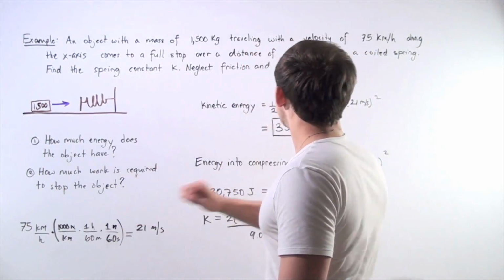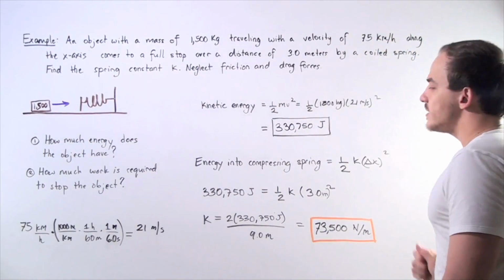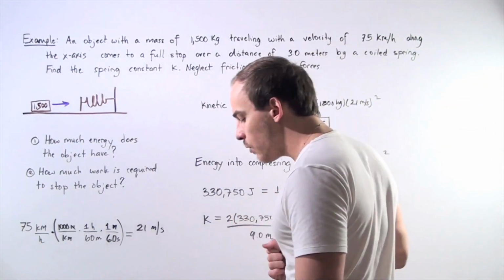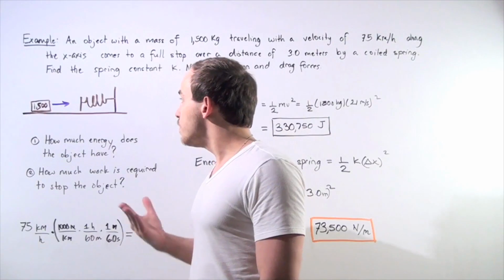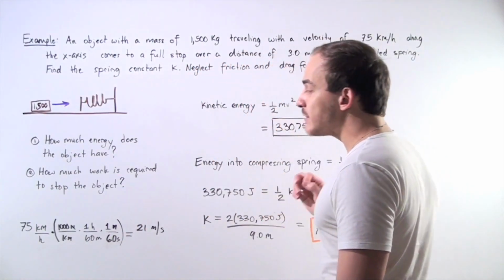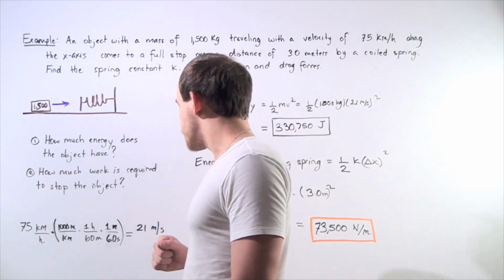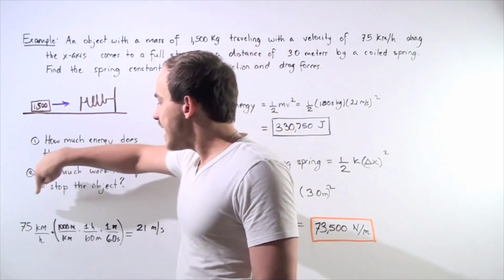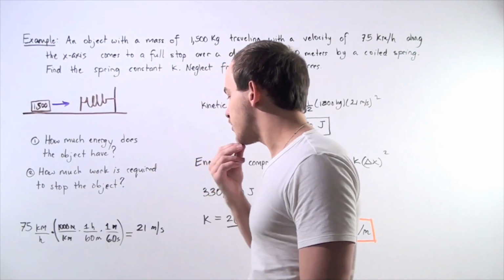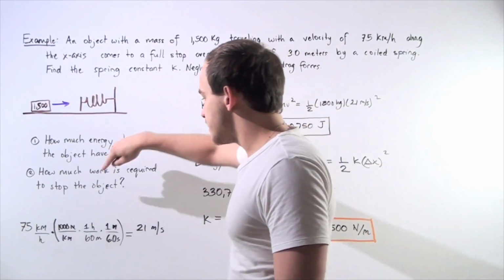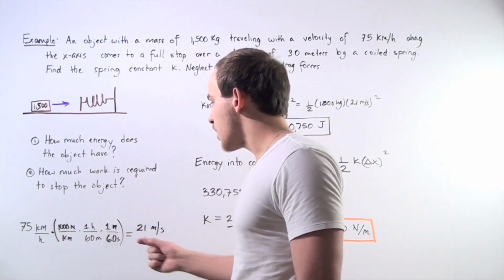But first, let's look at our velocity. Our velocity is given in kilometers per hour, and of course we're dealing with meters per second, so we must first convert kilometers per hour to meters per second. We essentially take 75 and divide it by 3.6, or we could multiply it out.